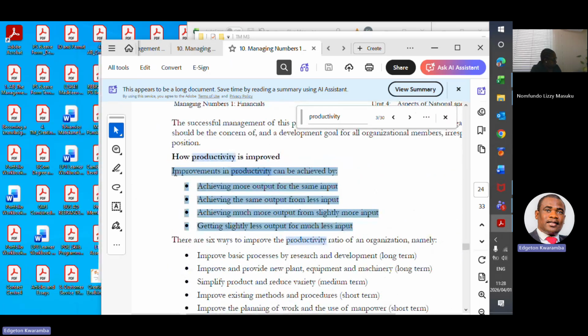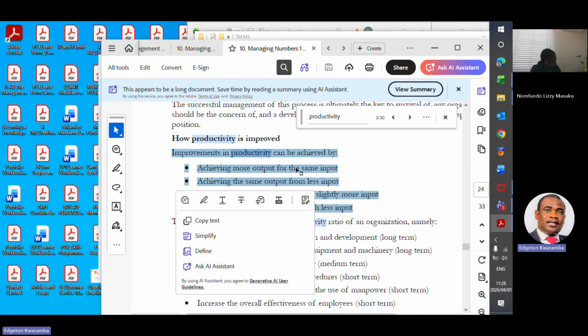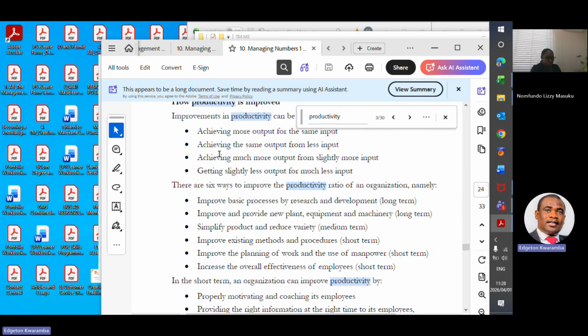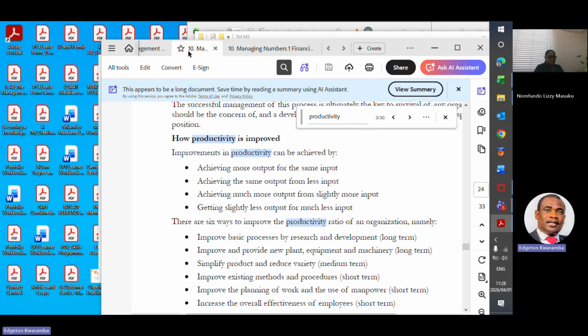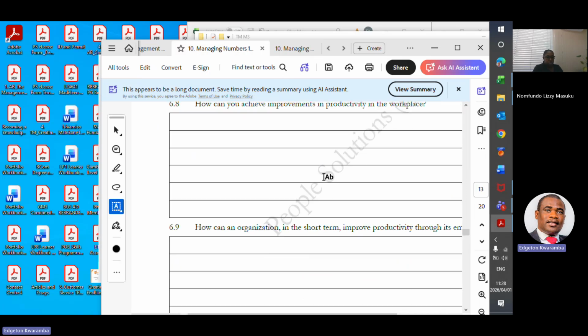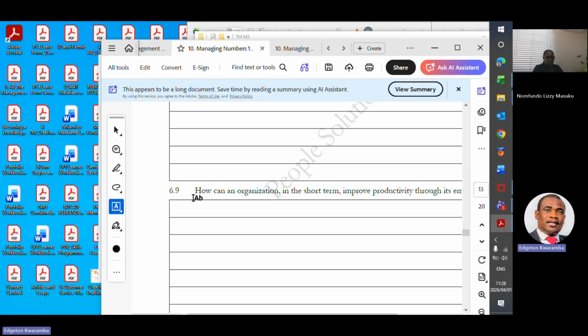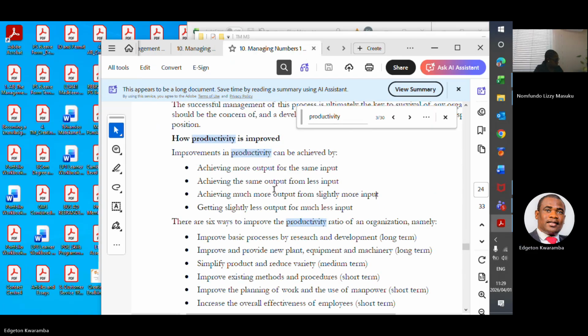So you're just taking these answers as they are, these 4 bullets there. Everything that they're asking here has a specific section. How can an organization in the short term improve productivity?